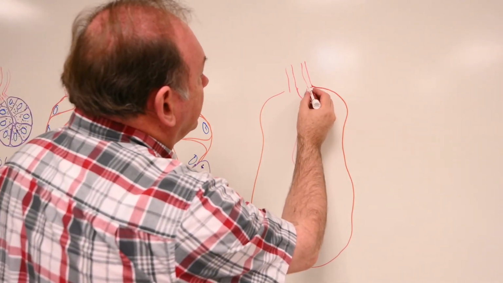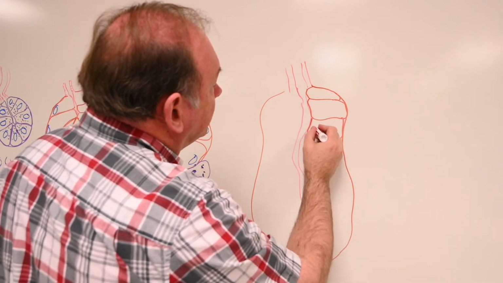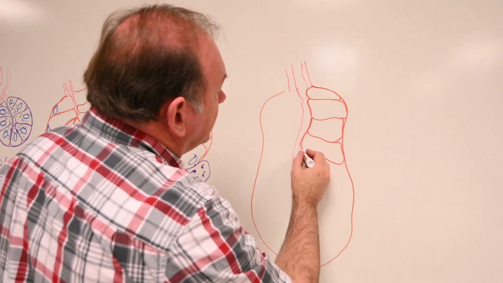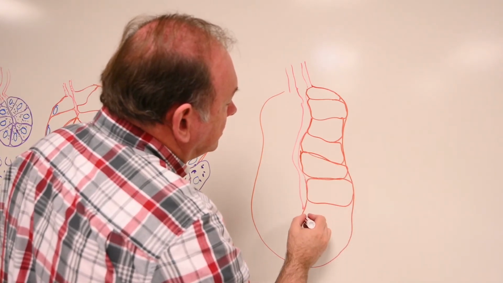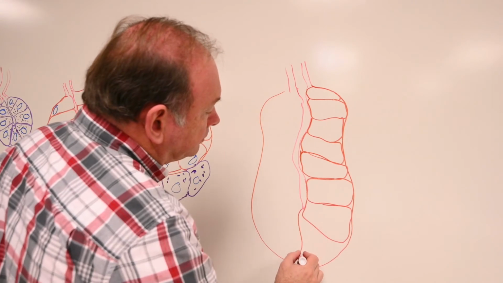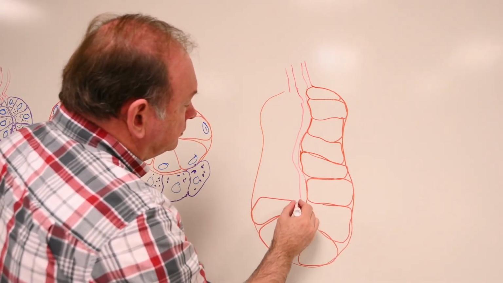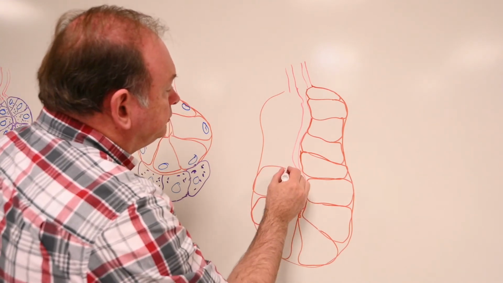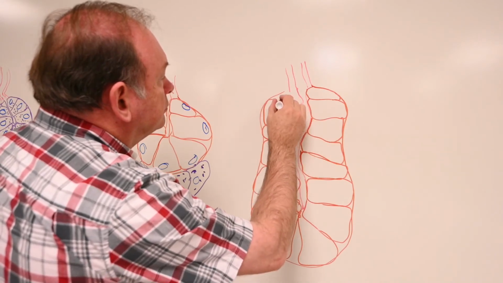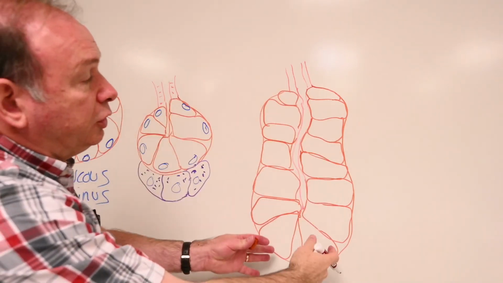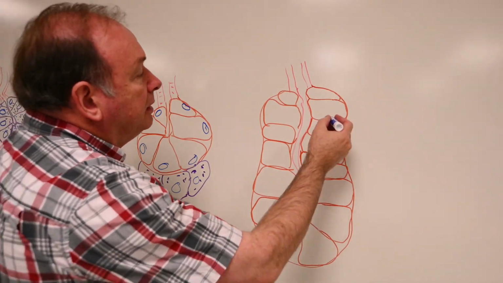So we get a lot of mucous cells forming a tubular structure like this, tubuloacinar glands.